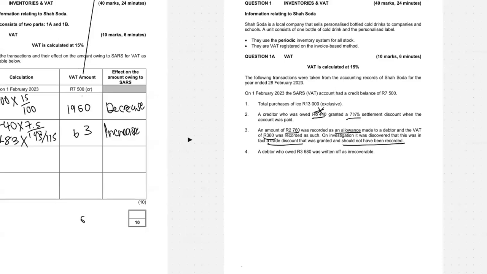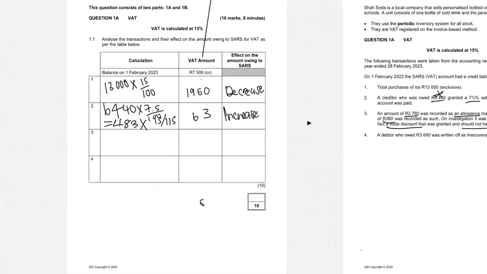You don't record that you were given a trade discount. I hope that makes sense. So you don't record the trade discount in your books. The only thing you record is a settlement discount. So if you get a trade discount, you just record whatever item you bought at the amount less the discount. So this 2,760 should not have been an allowance, meaning the VAT of 360 should not have been recorded in your books.